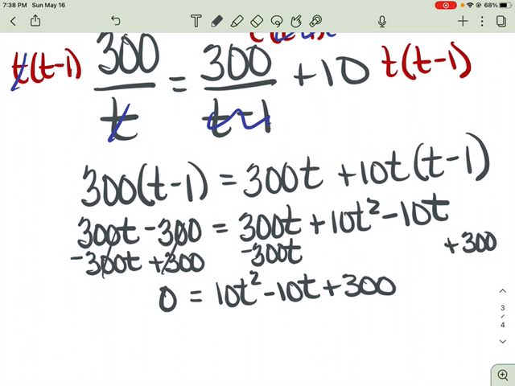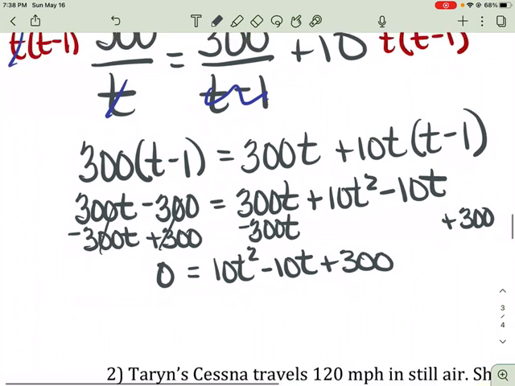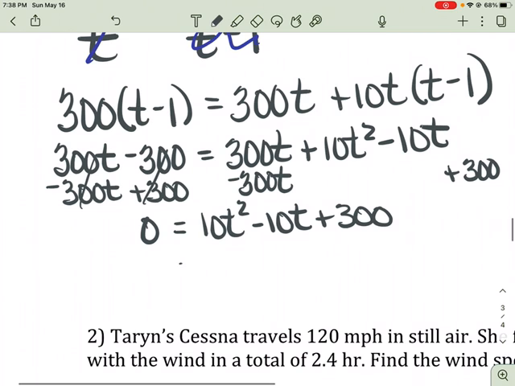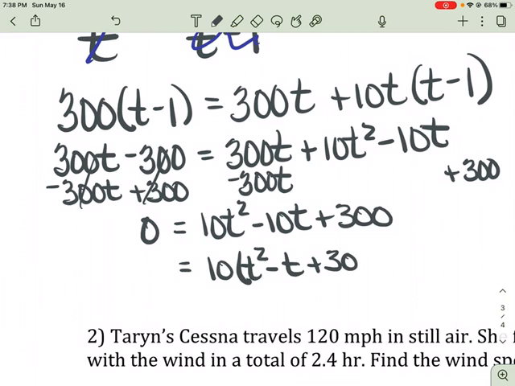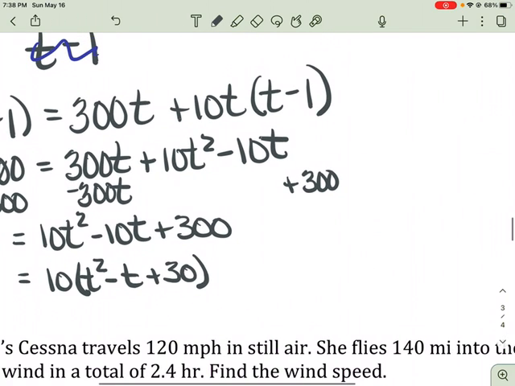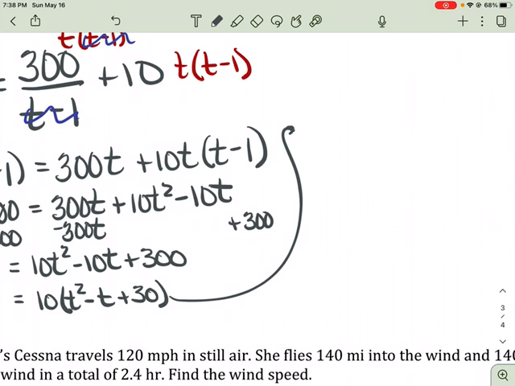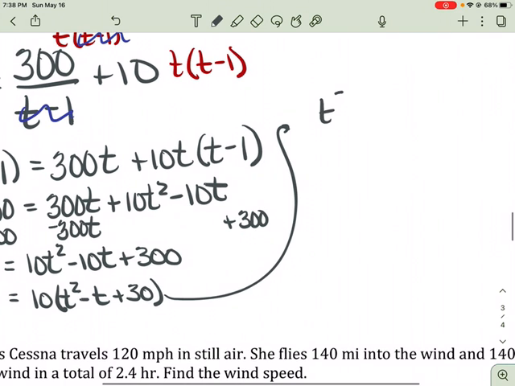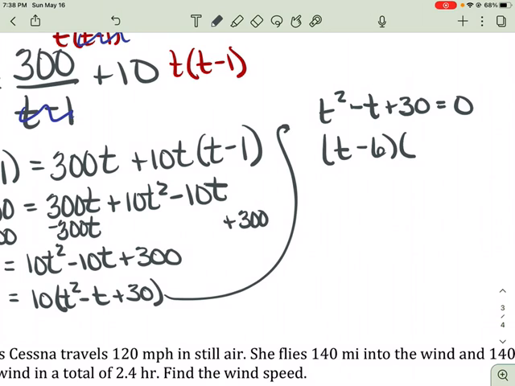I'm going to factor out the 10. That 10 is just a multiple, so I can ignore it and go t squared minus t plus 30 is equal to 0. We can factor that: minus 6 plus 5.